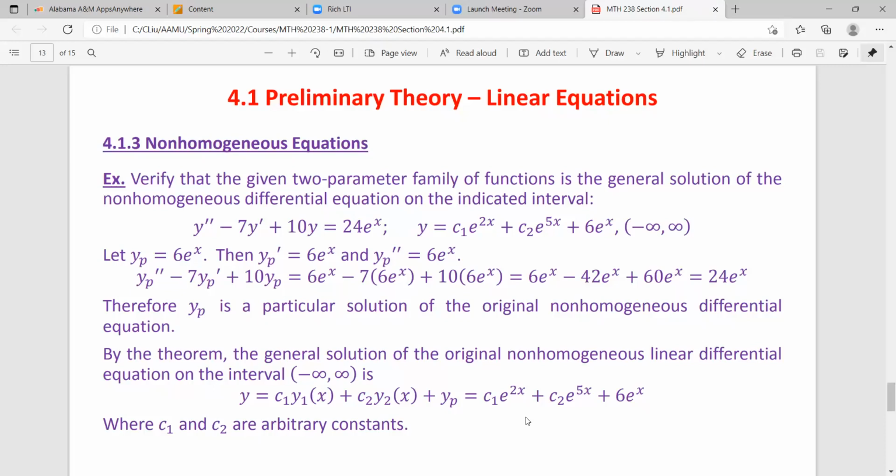Okay, so to solve a non-homogeneous differential equation is rather complicated. This is just the case of a linear differential equation only. So you can see how hard it is to solve a differential equation, right?